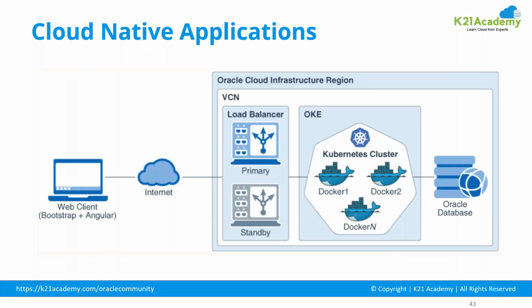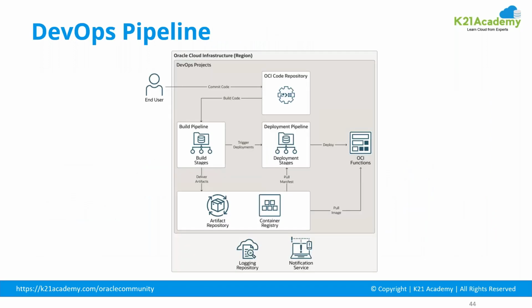Or you can run cloud native. If you've not heard of it, I'll ask you to pay attention to cloud native Kubernetes, containers and Docker. Oracle provides a container engine, Oracle Kubernetes Engine, OKE as we call it, an implementation of Kubernetes on which you can build your cloud native applications. You can also build your DevOps CI/CD pipeline and automation. There is a DevOps service available on Oracle Cloud.